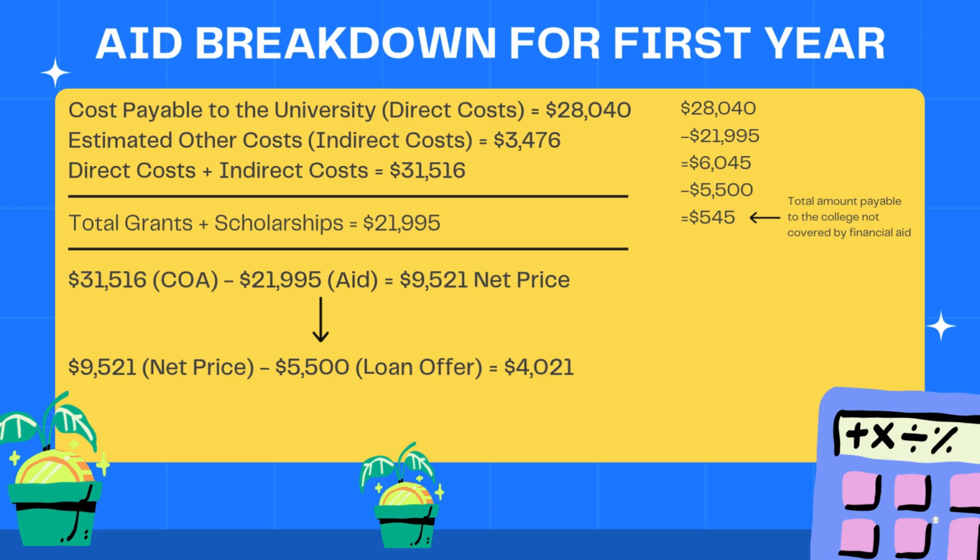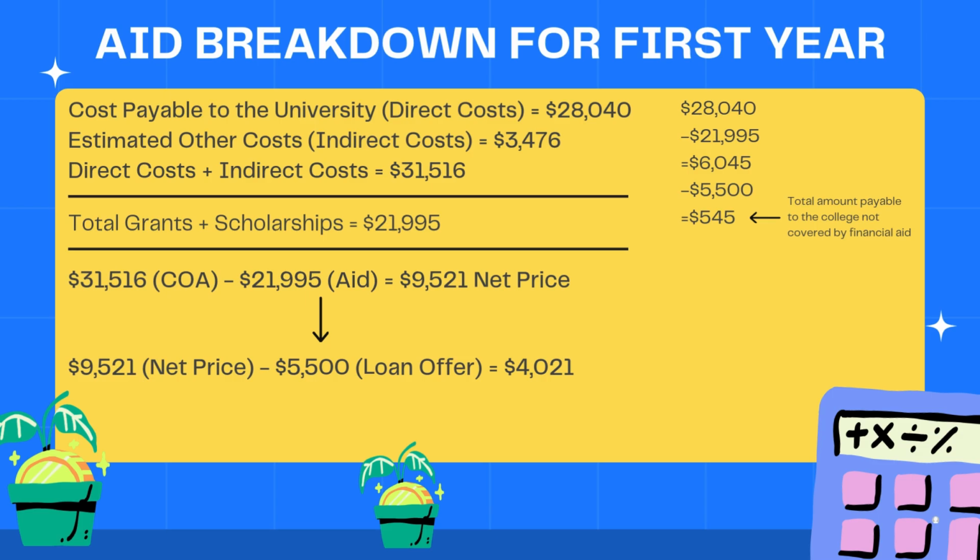Now, if we look up here in the top right corner, I have actually taken the direct costs, which again, $28,040, and have subtracted the total grants and scholarships, which has brought me to $6,045. So those indirect costs are not what you are actually paying to the college itself. That is not an actual bill that is due.